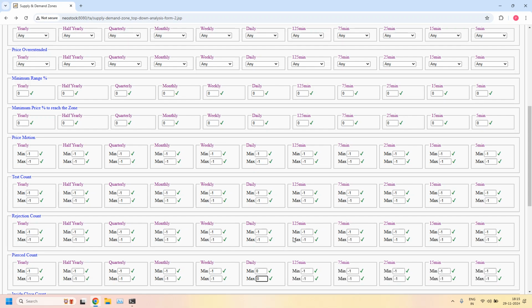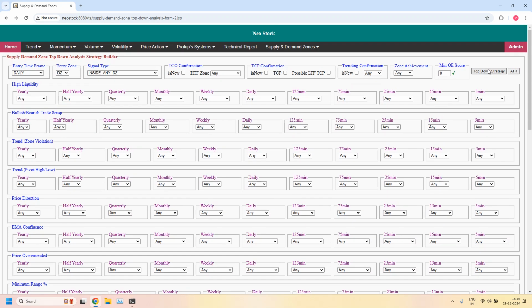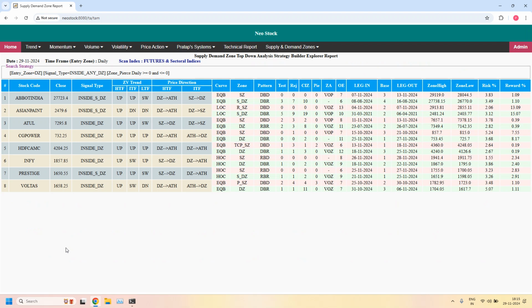That means daily demand zones are not pierced. Let's filter. We got 8 stocks. Currently price closed in these 8 demand zones. And in these demand zones, some of the demand zones are high liquidity demand zones. That way you can identify high probability zones.